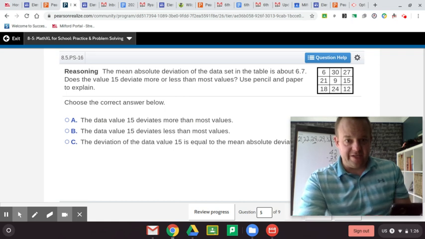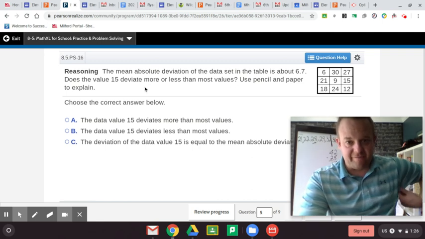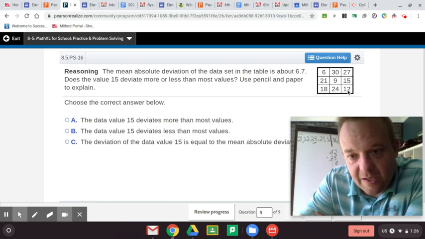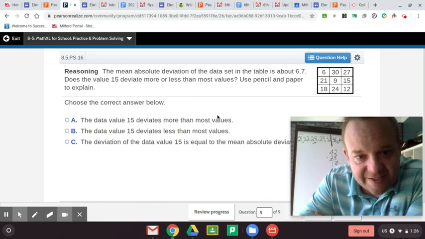So does 15 deviate more or less than most values? 15 falls within the mean absolute deviation. So from 18 to 15, that deviates less than most values, because look at some of these deviate a lot, but 15 and 18, that's only an absolute deviation of 3 away.